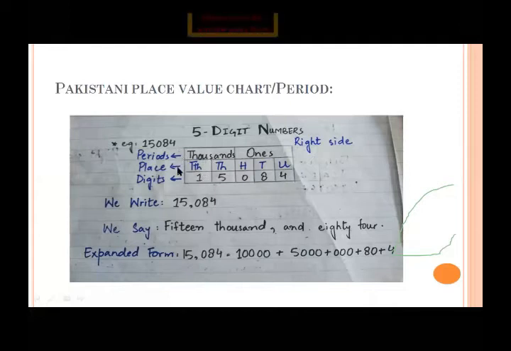We don't need to make another column for it, because when we move further to lakhs or 10 lakhs, then we make another column. But our chapter and topic will end only at 5-digit numbers. So you just need to learn how to place 5-digit numbers in the Pakistani and international place value chart.